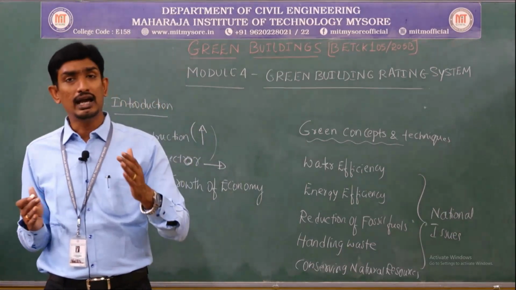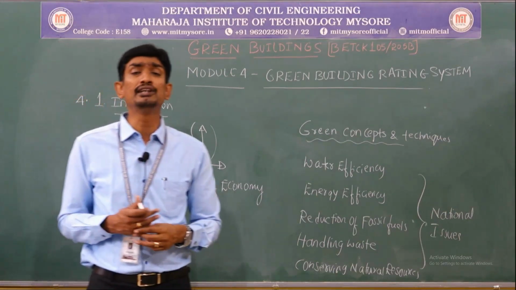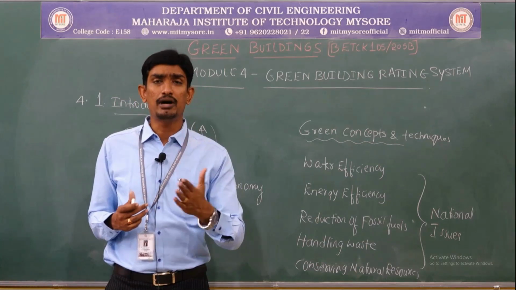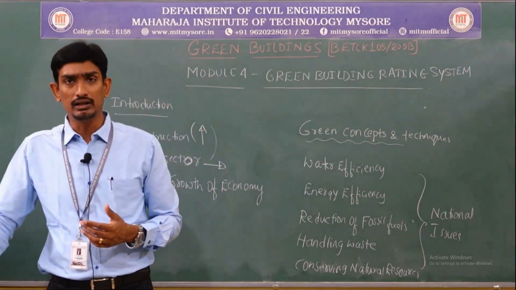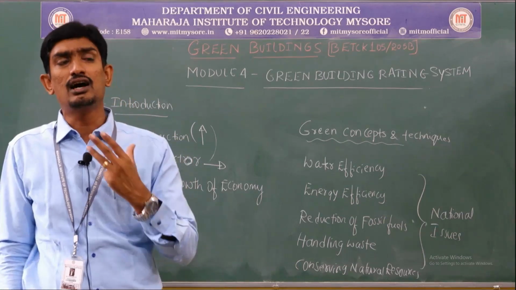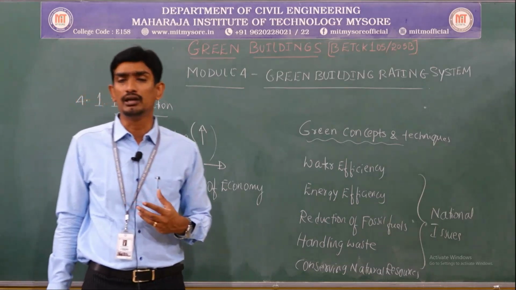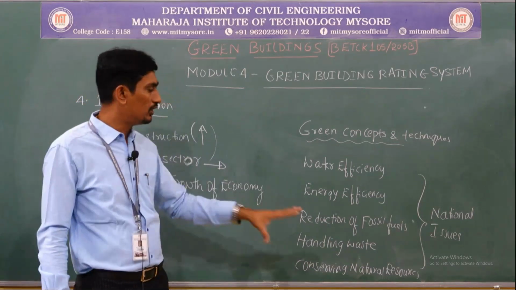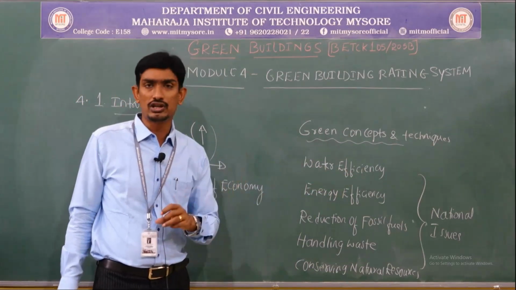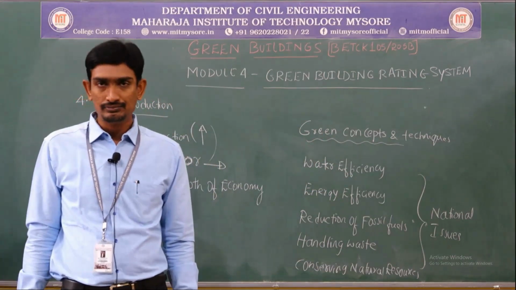So that it can be reused. That is the 3R principle, which we keep mentioning from module 1: reduce, reuse and recycle. These 3R principles we need to follow in order to address the national issues and inculcate green concepts and techniques.